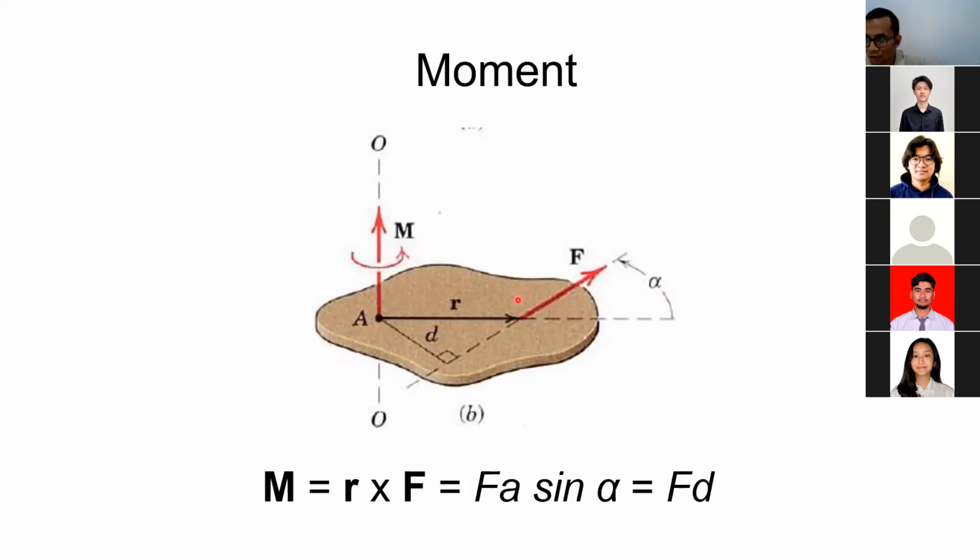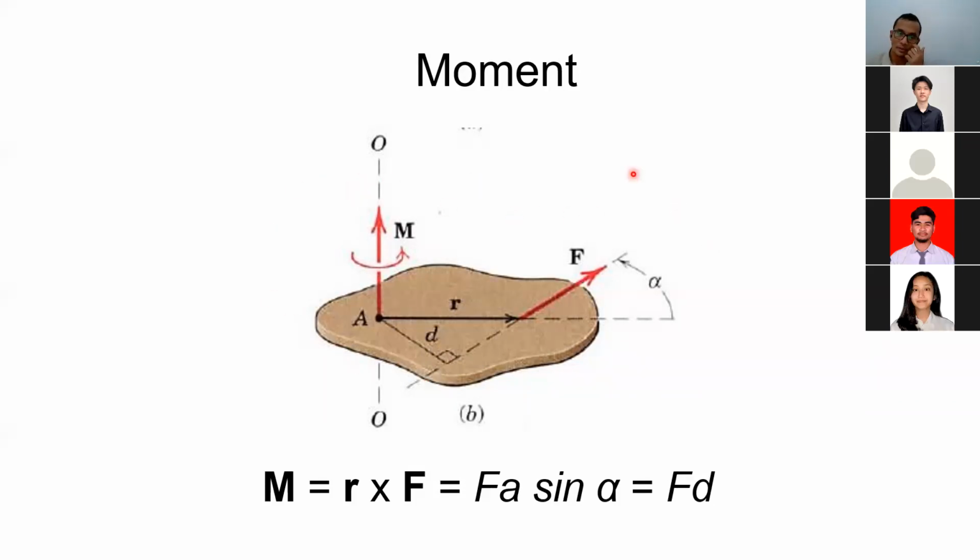Because force is a vector. R is the distance vector from the center of rotation to the force F, and the moment as well is a vector. So in order to produce a vector from multiplication of two vectors, we have to use cross, and that is what is happening here.